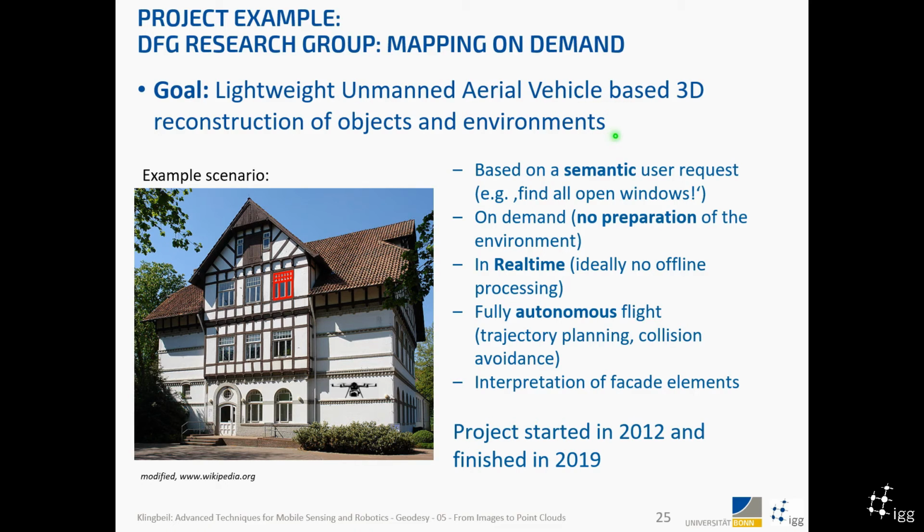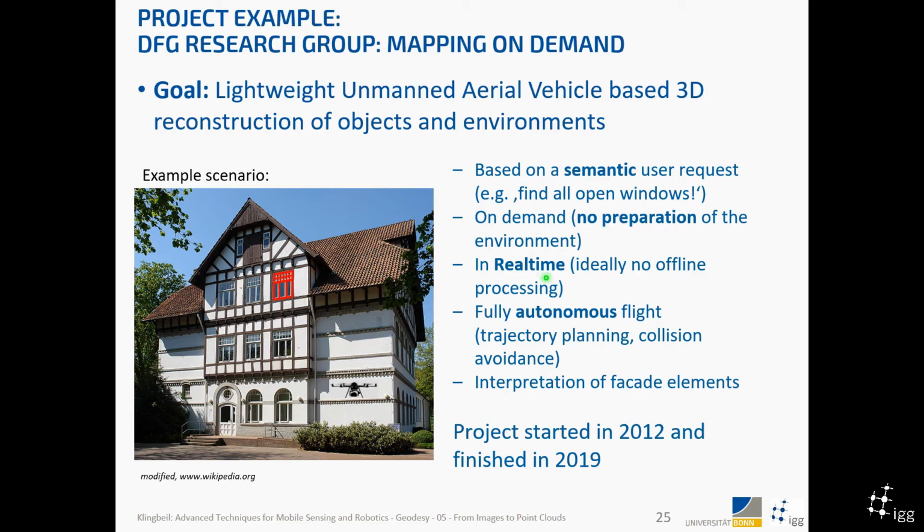Since this is pretty normal nowadays, back then we had some ideas which were not so normal. We wanted to make it based on a semantic user request, for example, find all open windows. We wanted no preparation of the environment, so we didn't want to put any ground control points anywhere.